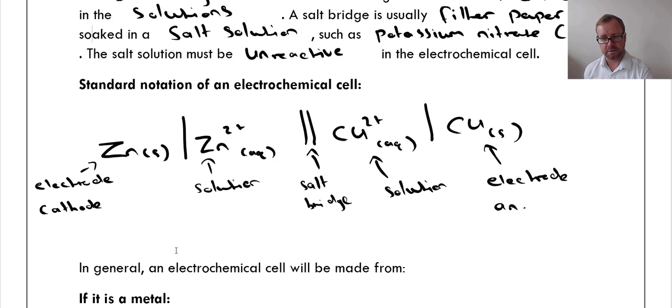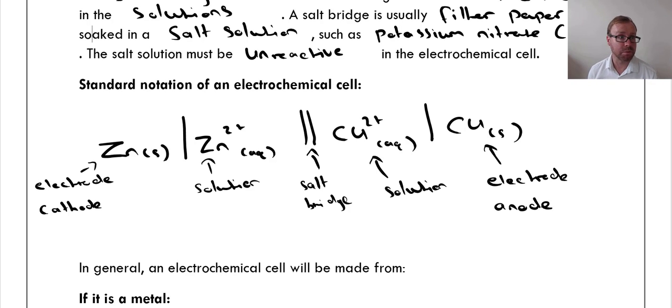And this is our anode. In general, when you're drawing electrochemical cells, we always try and put the cathode on the left and the anode on the right. But if you do it the other way around, it doesn't really matter that much.